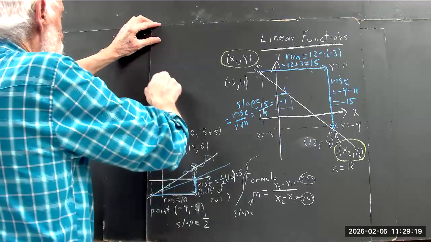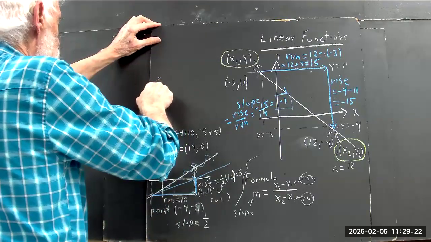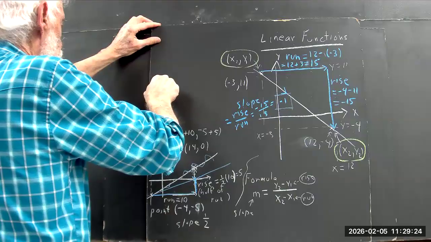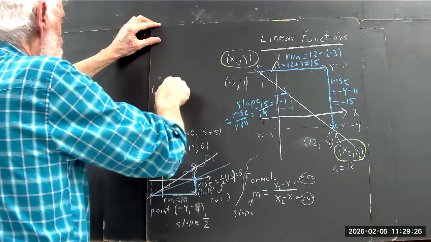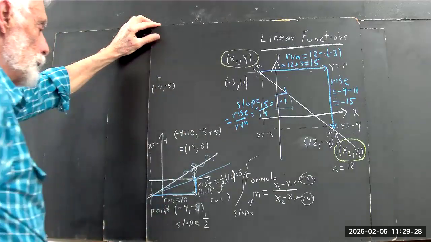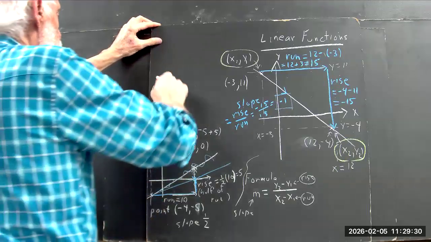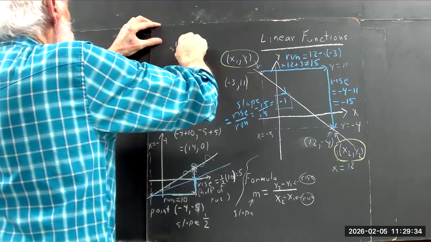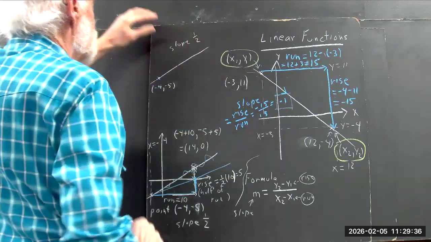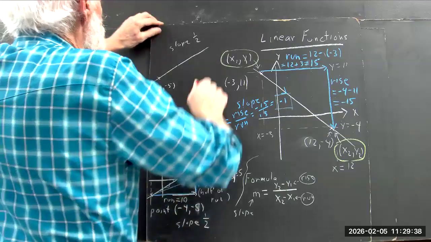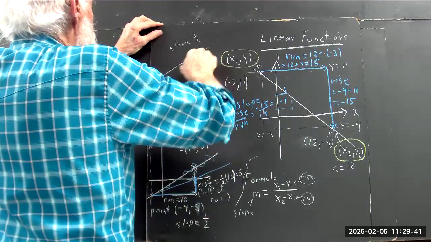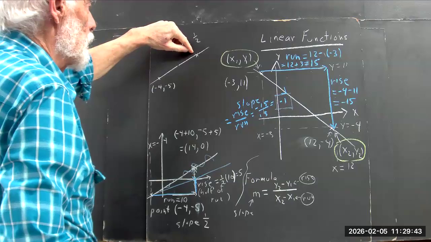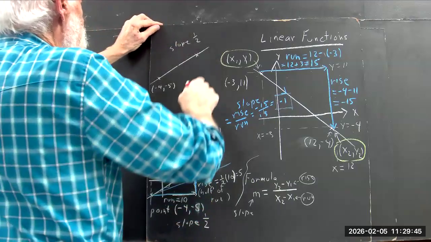If I have the point (-4, -5), and if I have a slope of 1/2, let's just take a point (x, y) on the line.